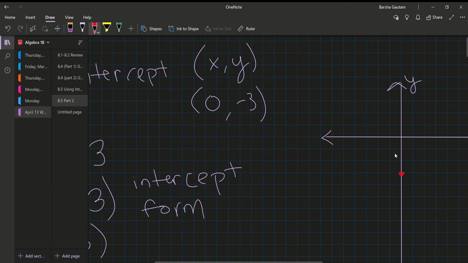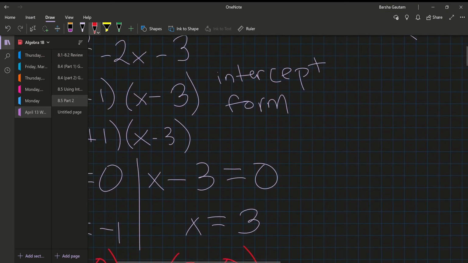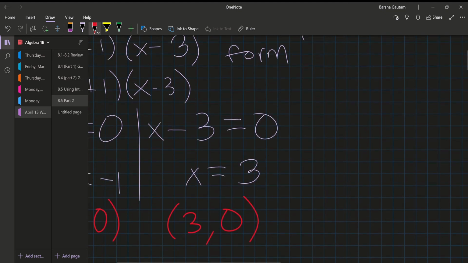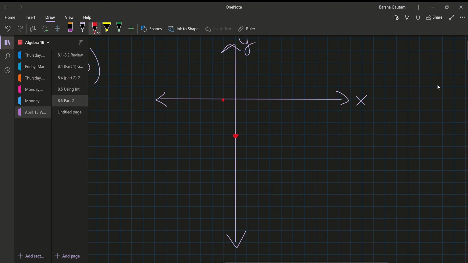So -1, 0. Let's go ahead and plot that. -1 and 0. So we don't move up or down. It's going to be right here. It's our x-intercept. And our other point is 3, 0. So 1, 2, 3.